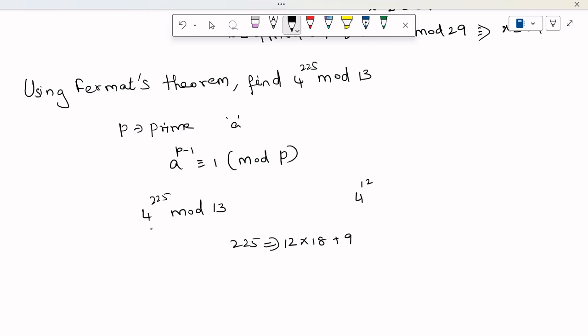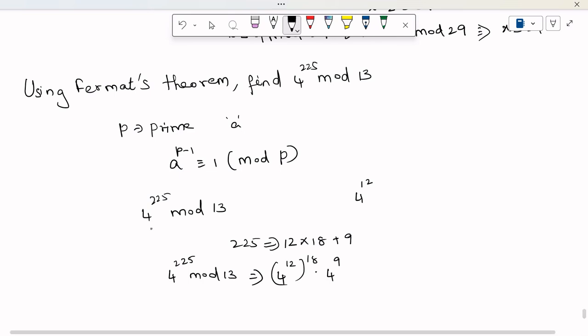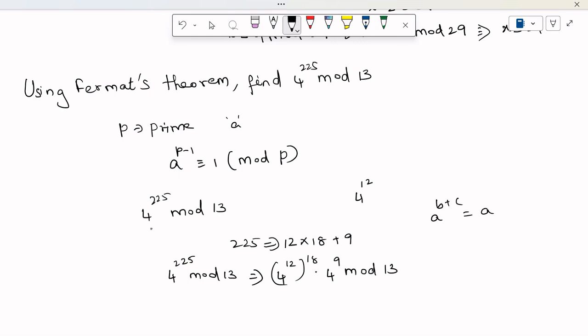So how can we write it now? 4^225 mod 13 can be rewritten as (4^12)^18 into 4^9 mod 13. We are using the property a^(b+c) is equivalent to a^b times a^c.